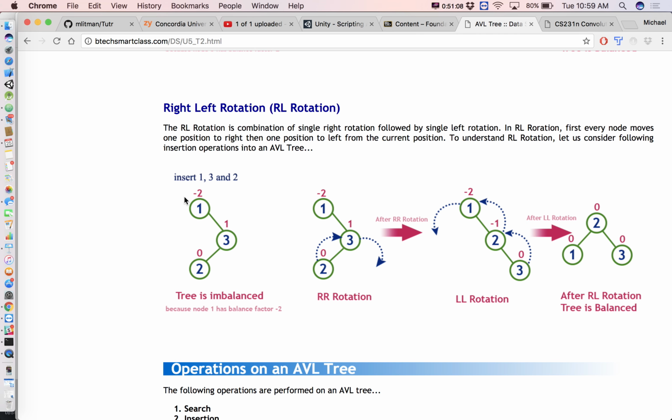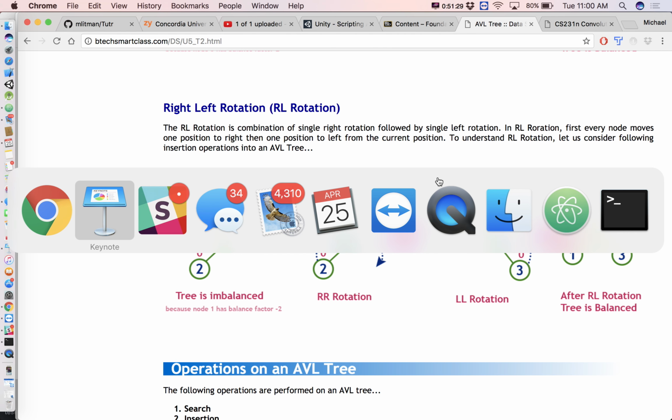But what we need to do now is implement this move, forgetting about the fact of how do we know we need to do this. Okay, that's a whole other can of worms. But we need to implement the move where we go from a tree that looks like this to this tree. And we already have now an algorithm for dealing with this tree. Correct? All right, so let's create a second slide here.